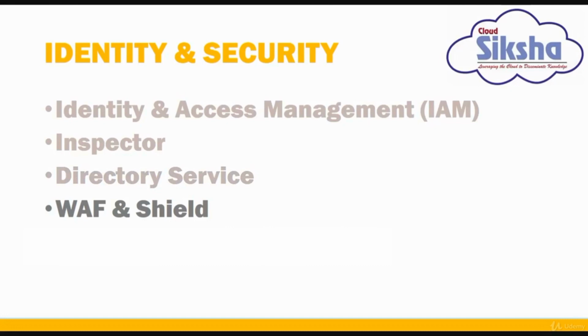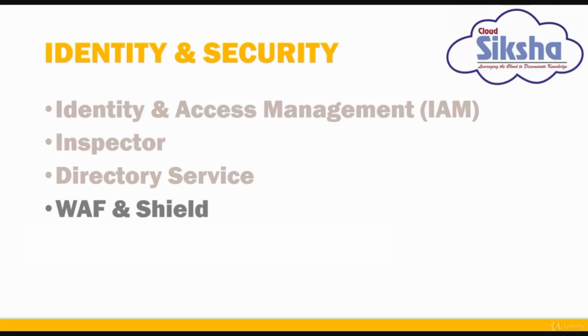From a security perspective, Amazon offers WAF and Shield. Now, WAF is Web Application Firewall. What it does is it helps you protect your web application from very common web exploits. WAF gives you control over which traffic can be allowed to your web applications and which traffic must be blocked.